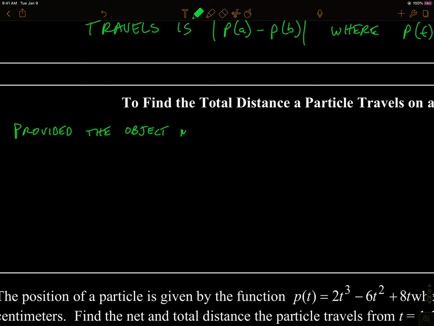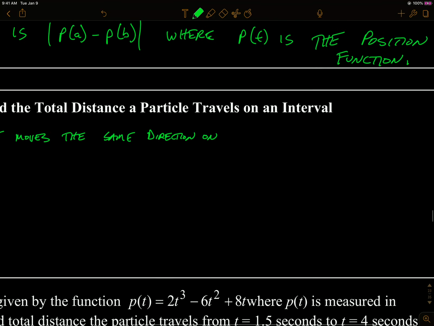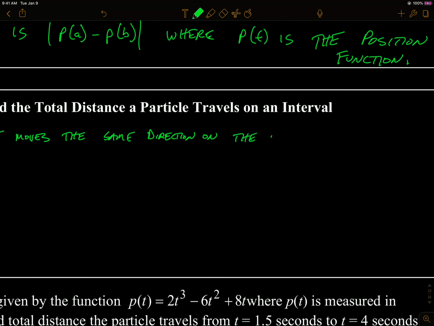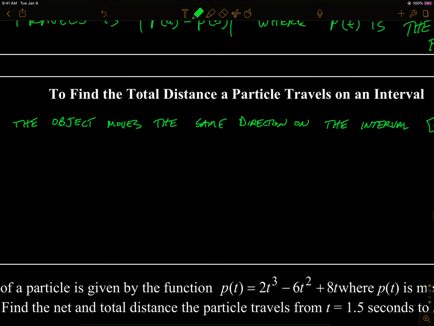Provided the object moves the same direction on the interval, then we know that the total distance is equal to the net distance, right?